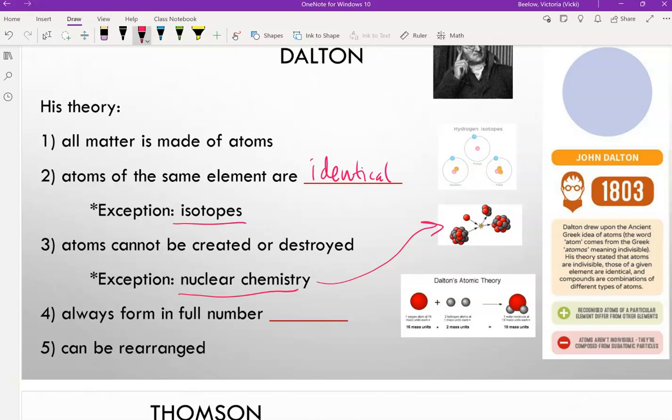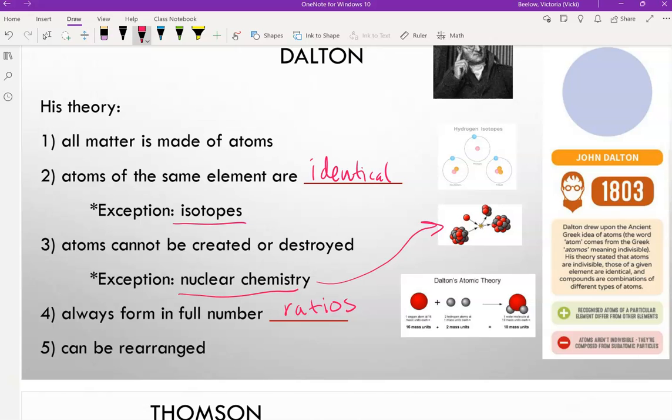And then he also said that when we have a reaction, we always form full number ratios. Okay. So you can't have half of an atom or something like that. They're always going to be in full number ratios. And these things can be rearranged.